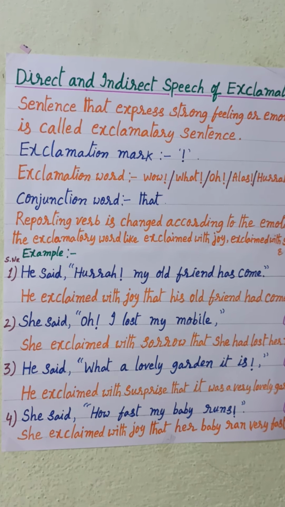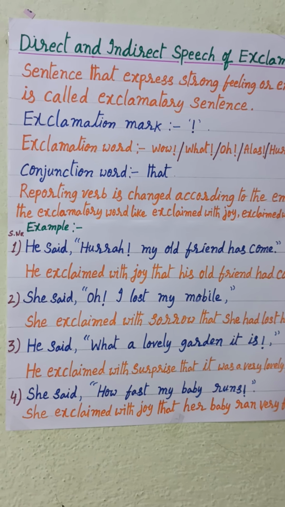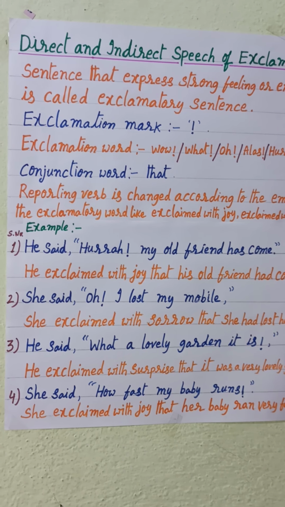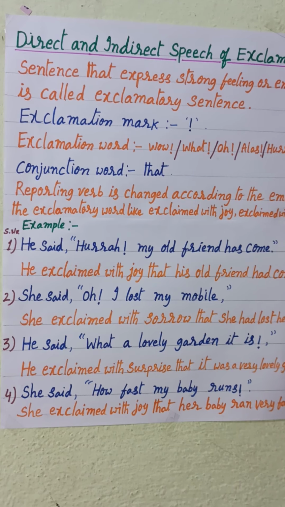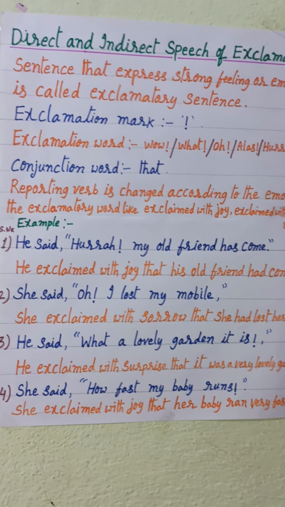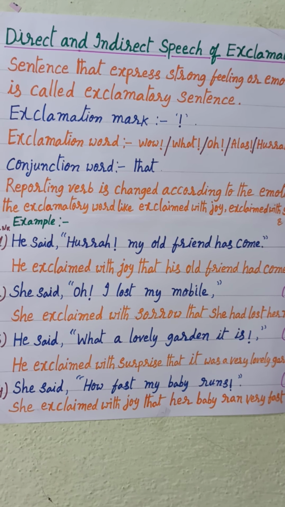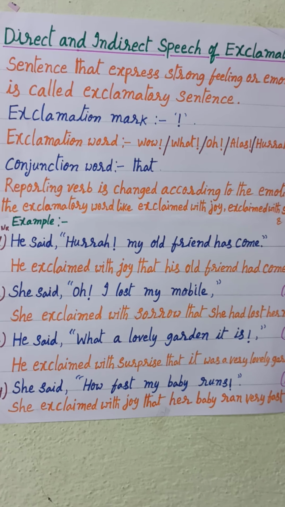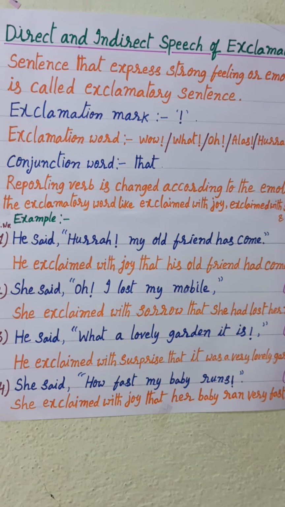Third sentence: he said, inverted commas, what a lovely garden it is, and exclamation mark.